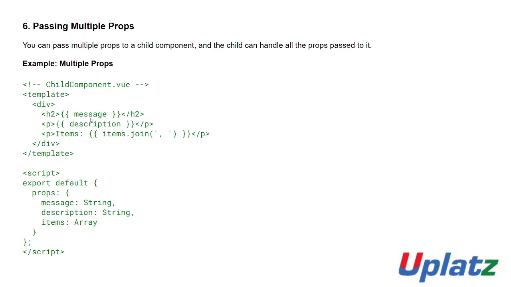Now h2 tag with double curly braces message, and within the p tag double curly braces description. Now the p tag is closed. Again one p tag, items colon, then double curly braces items.join with a comma. So there must be an array which is joined by commas and it will show the list of items here. Okay, let's see.